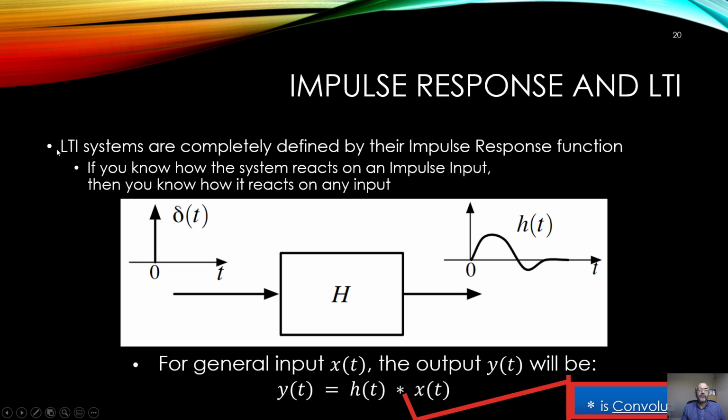So that's what's meant with the sentence above here. An LTI system is completely defined by its impulse response function. If you know the impulse response function, you know how it will react to any input.